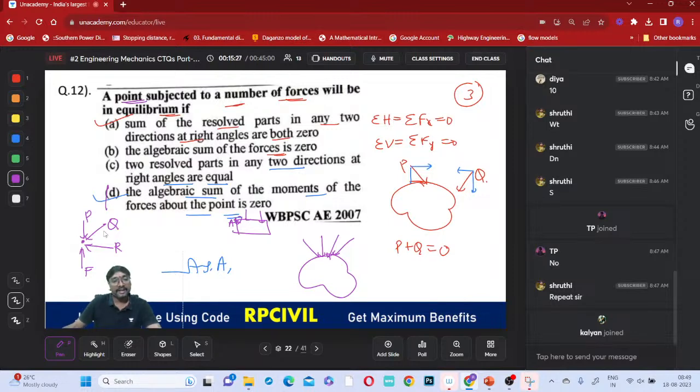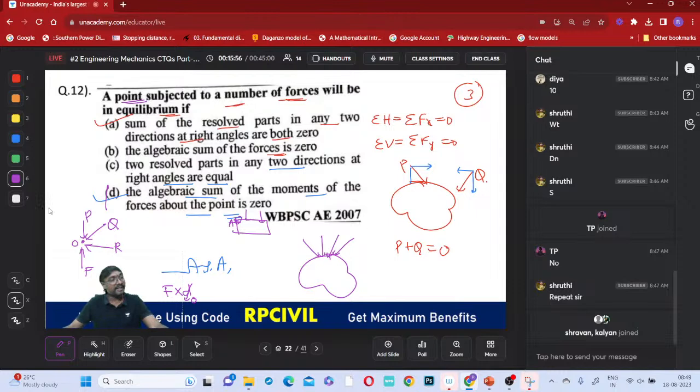But here, will any force create a moment about this point O, or will no force create a moment about it? No force will create a moment about that point, because all forces are passing through it. If you try to write the moment as force into distance, the load is acting at O and the moment is also required at O, so the distance D will be 0.